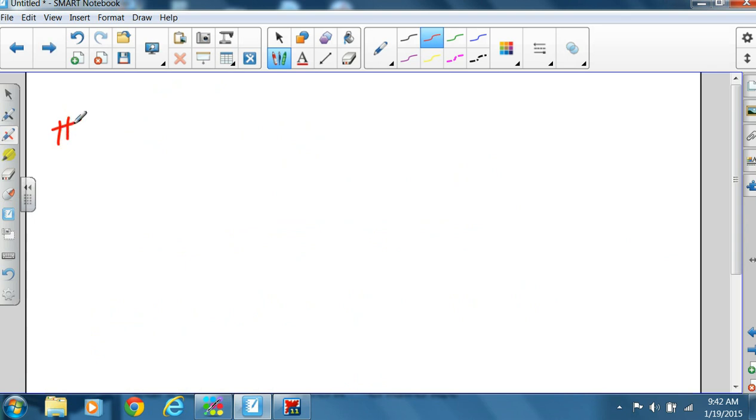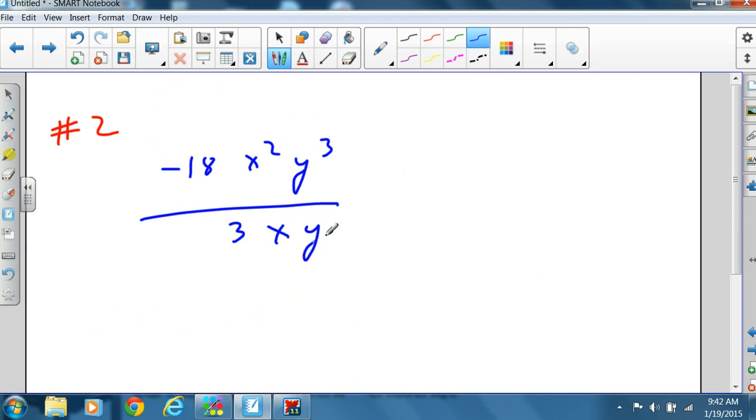So number 2, we're going to divide minus 18 x squared y cubed by 3xy. 3 goes into 18 6 times, x goes into x squared, and y goes into y cubed, and we end up with minus 6xy squared.